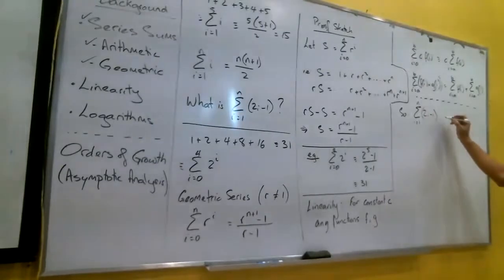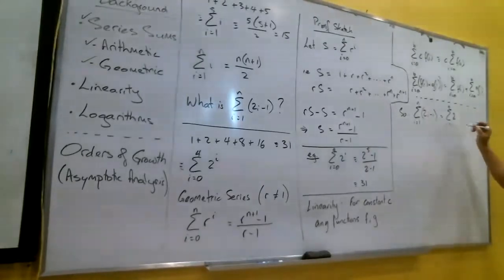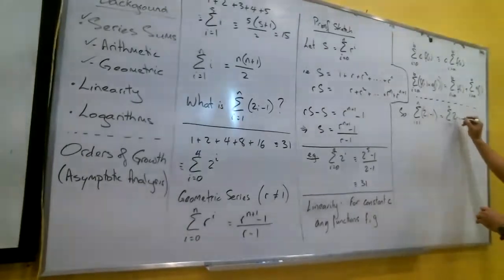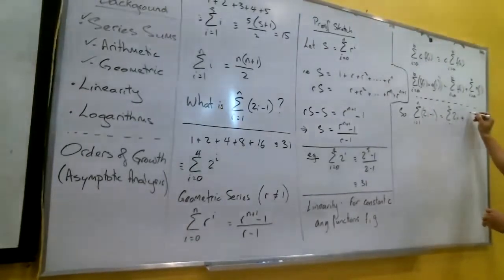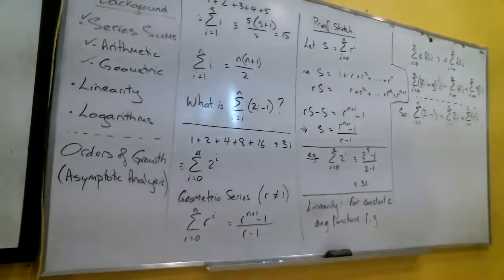So then this is the same as the sum from i equals 1 to n of 2i, plus the sum from i equals 1 to n of negative 1. Agreed?